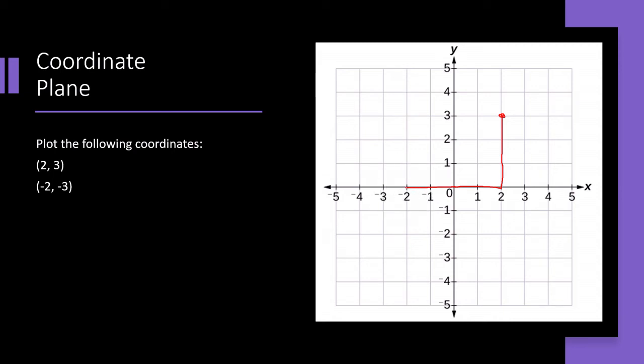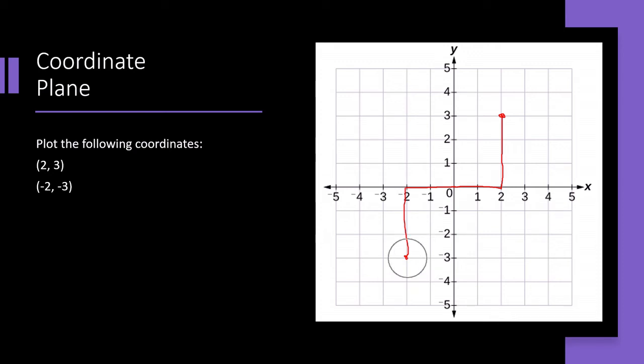Then I'm going to go down and stop where I see the negative 3 on the y-axis. So now I'm going to see where that negative 3 and that negative 2 meet, which is right here, my friends. And this is where I'm going to plot, or mark, this second coordinate.